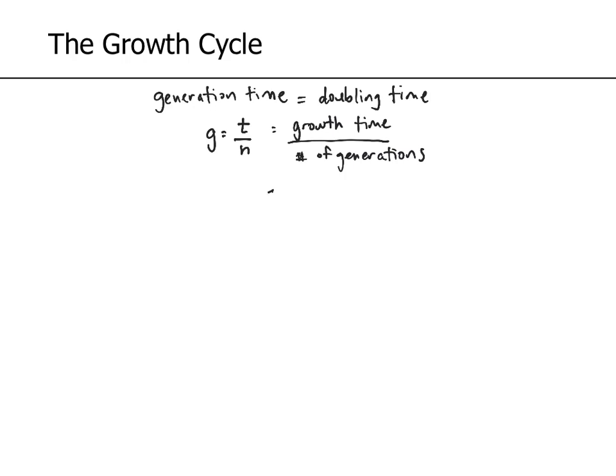So this has units of time, because it's time per generation at the end. Generation is unitless, so it's generation time, right? So it has units of time.